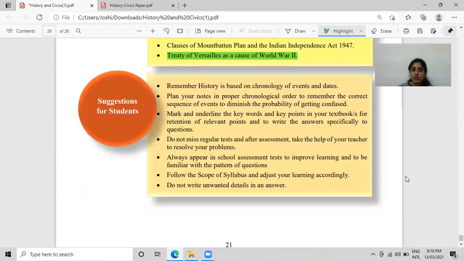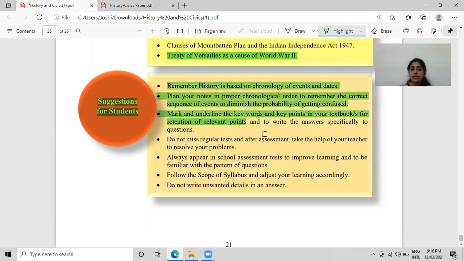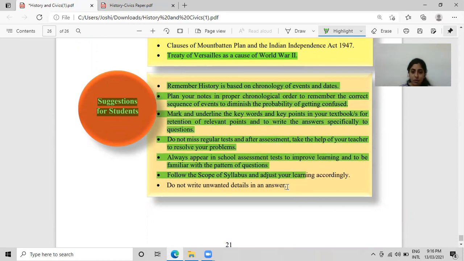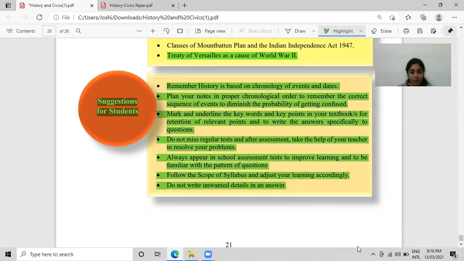Now, all these points, the second part, these are very, very important suggestions for you, students. All these suggestions are very helpful while attempting the board examination. So first thing, remember history is based on the chronology of events and dates. Definitely.